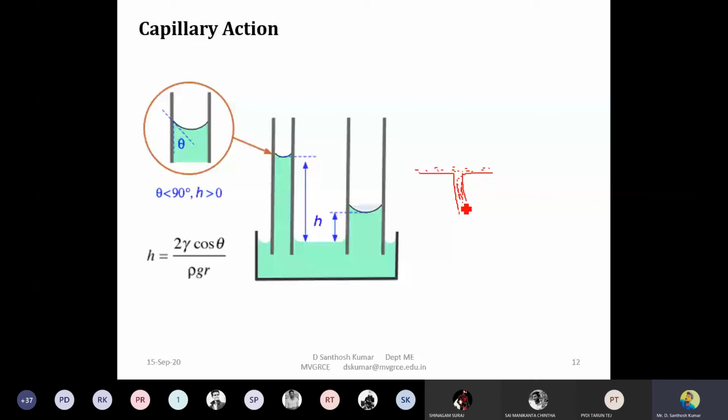So the term capillary force or capillary action happens due to the surface tension of the liquid.